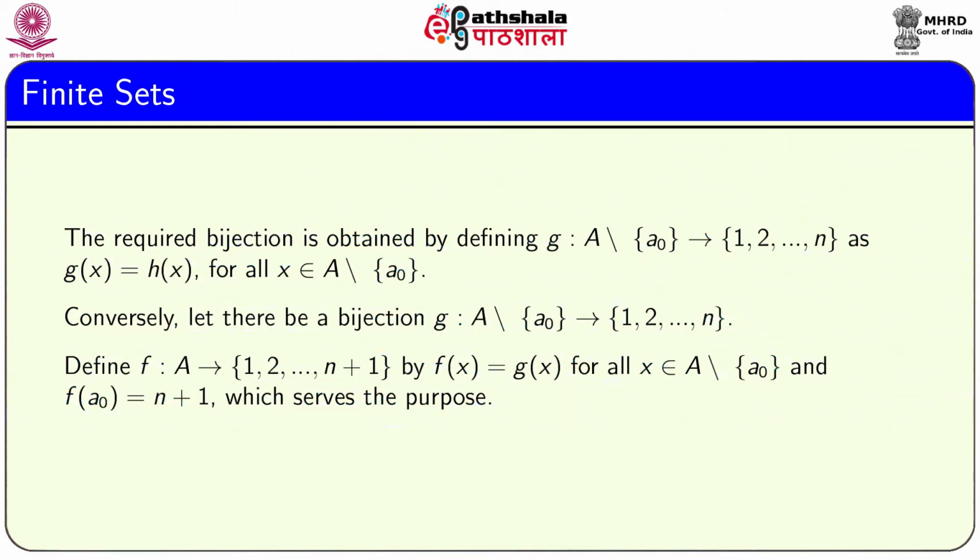That means, for every x we choose from A minus A0, F(x) is equal to G(x). And if we pick the point A0 from capital A, then we map that point A0 via the map F to the point n plus 1 in the set 1 to n plus 1. And of course, this is a bijection and it serves our purpose.